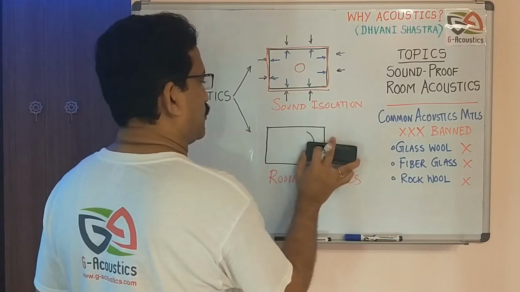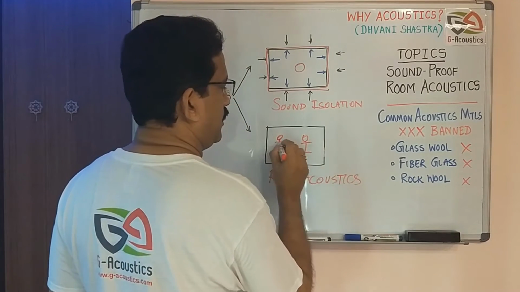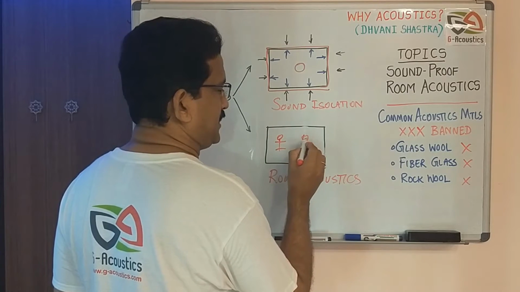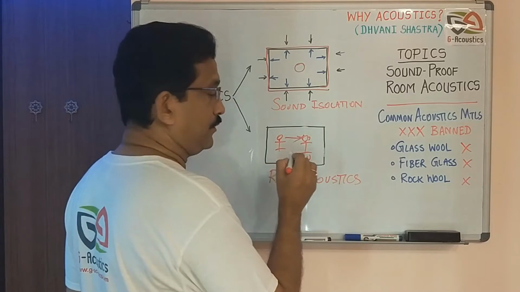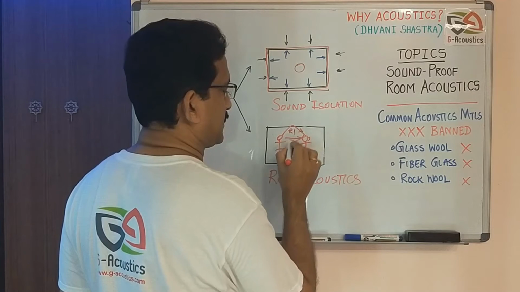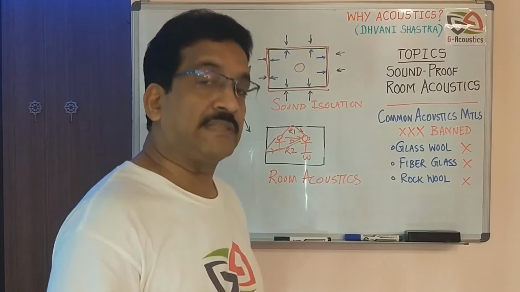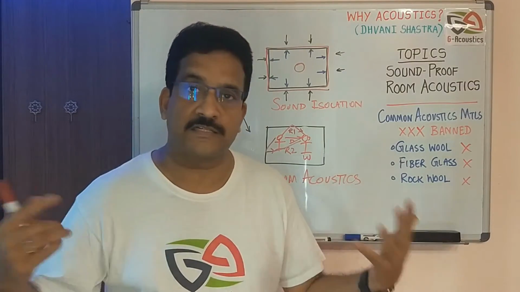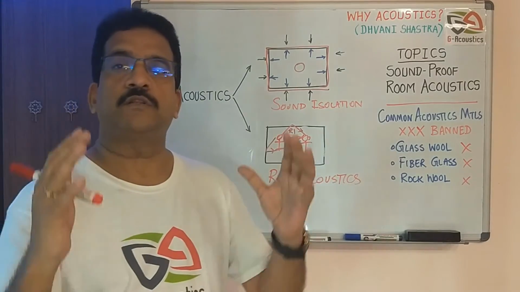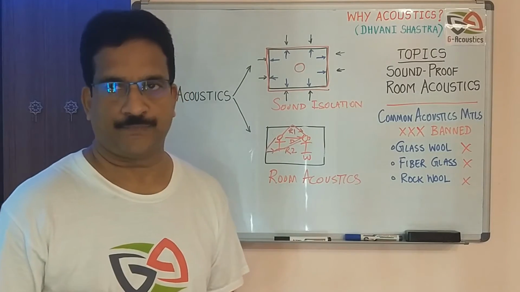Two persons within a room, you are here and your wife is here, and when you talk, when she is hearing, it's not only the direct sound, there is a lot of reflected sound also that she listens to. Along with the direct sound, there is a lot of reflected sound that comes inside the room. All added together gives the overall perception of what the other person is listening to, right?